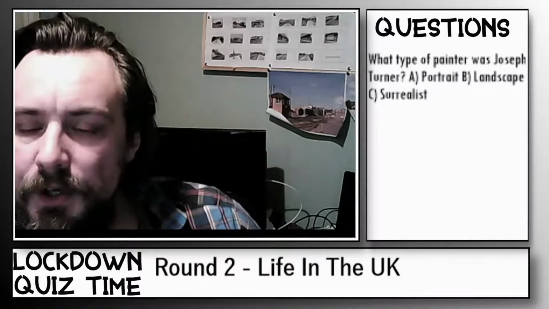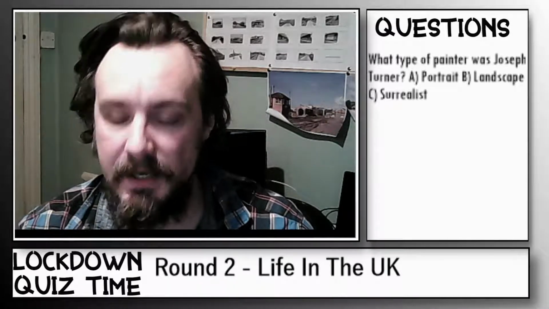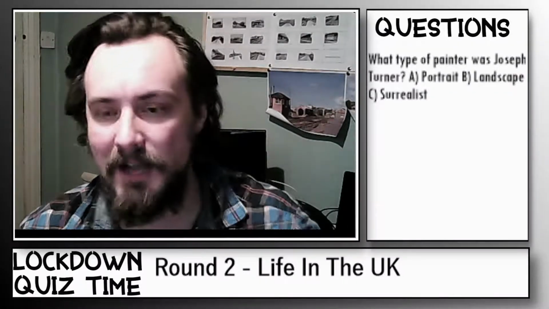So that's question number 8 again. What type of painter was Joseph Turner? Was he A, portrait painter, B, a landscape painter, or C, a surrealist painter? Yes, Simona/Shane. In real life, people are asked these actual questions as part of their UK citizenship test.